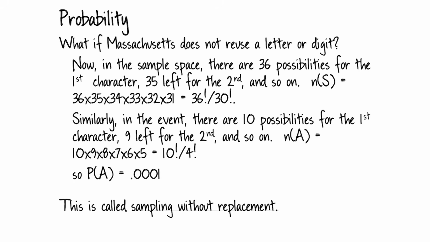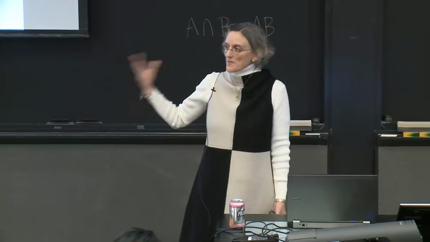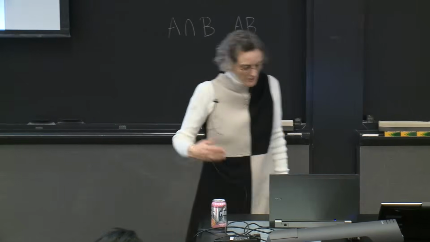So I can express the number of possibilities in the event as 10 factorial over 4 factorial. The probability here is 0.0001 when I do the division. This is an example of sampling without replacement, and again, this is something that we'll see later on in the semester as well.